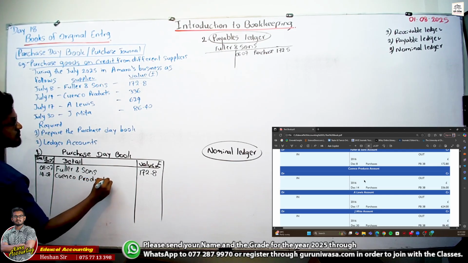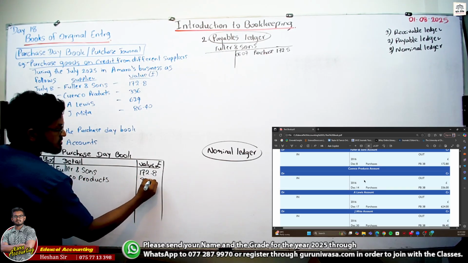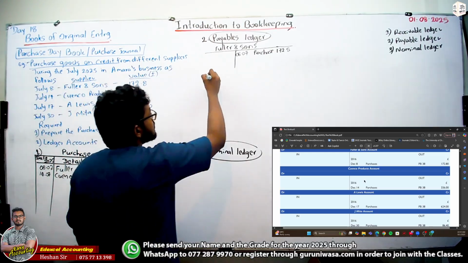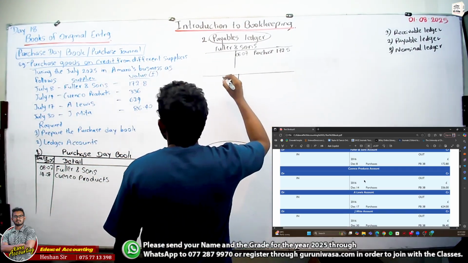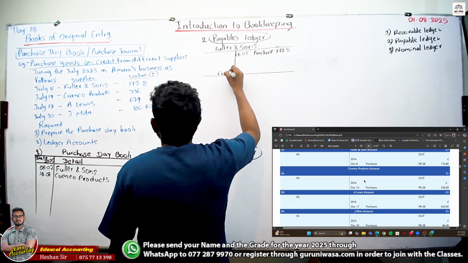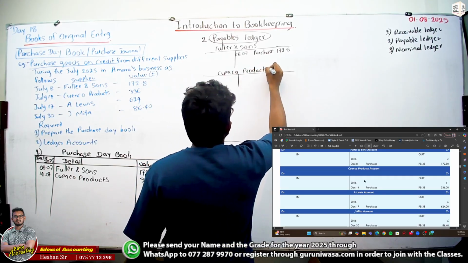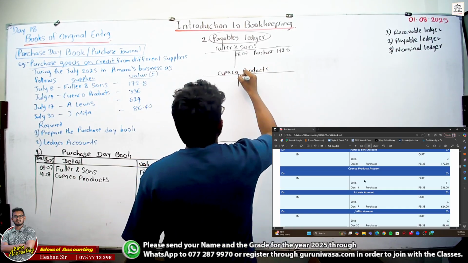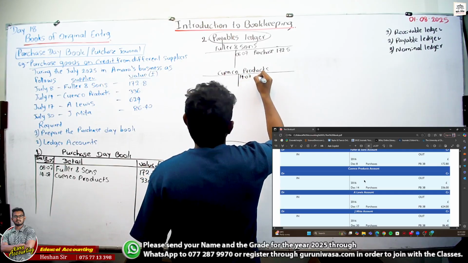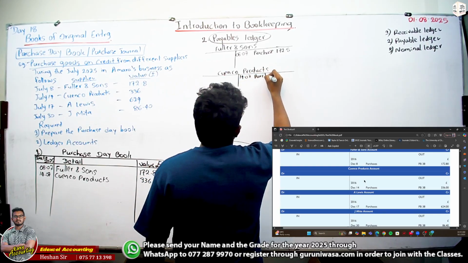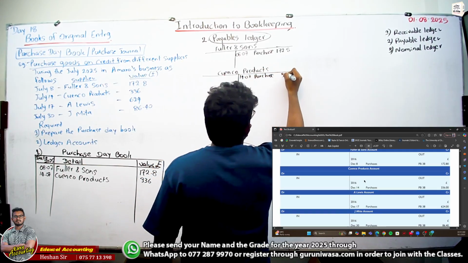Products. 336. You open an account called products. At the same time, when we purchase, on the date we write it as purchase 336.